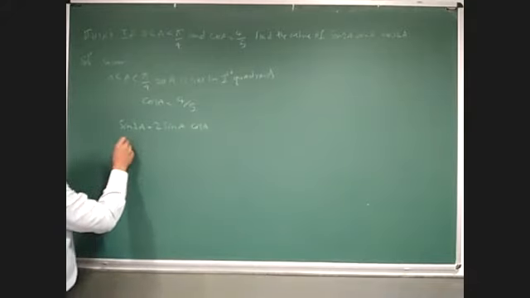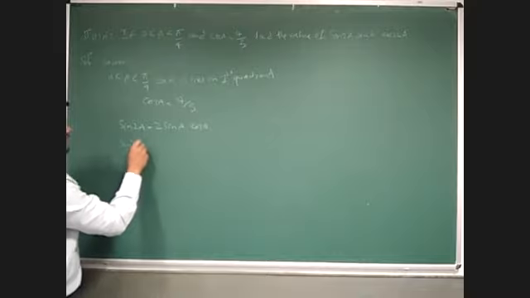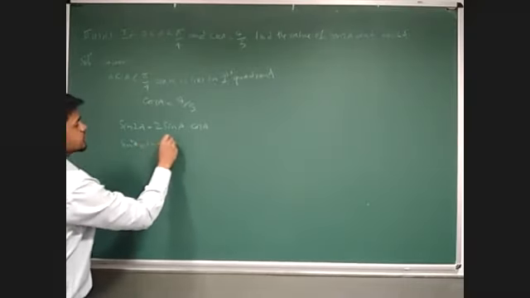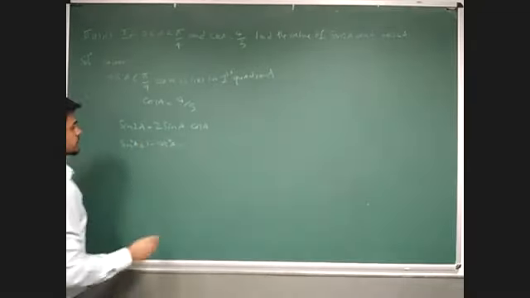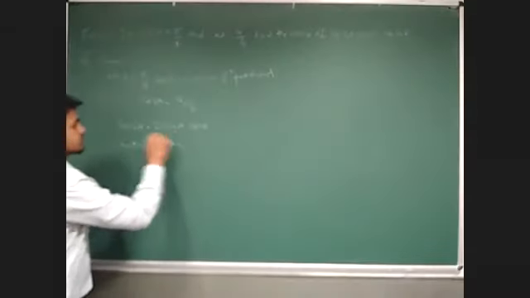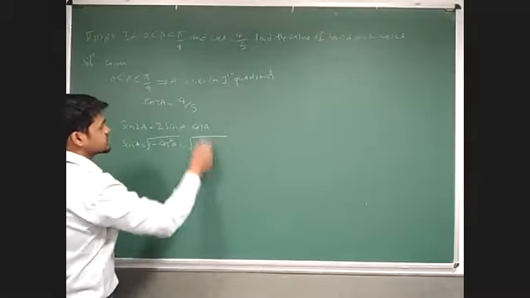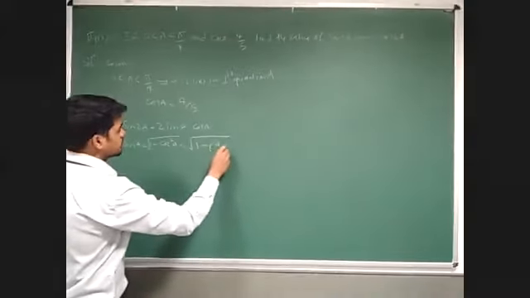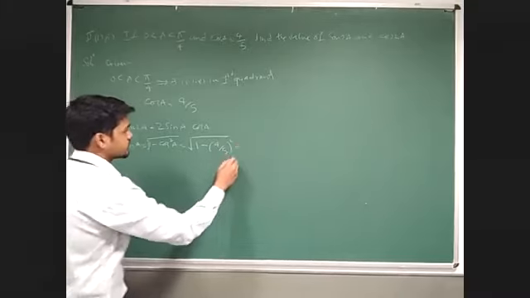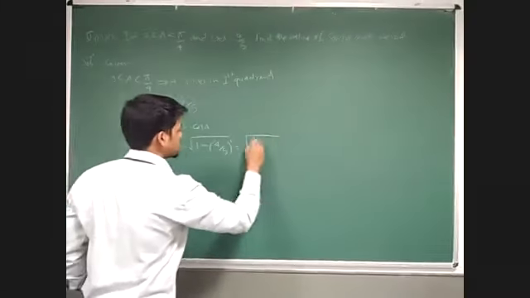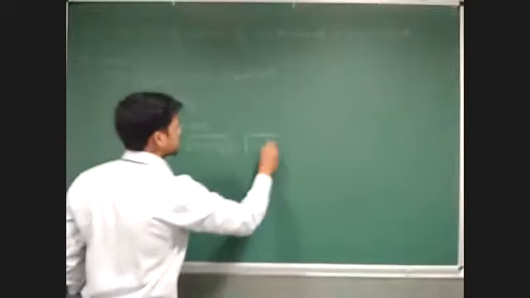Sine square a is 1 minus cos square a. You can write as well 1 minus cos a, which is given as 4 by 5, squared. 1 minus 16 by 25.